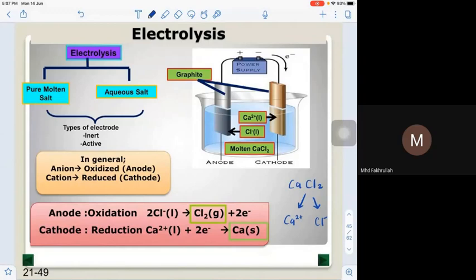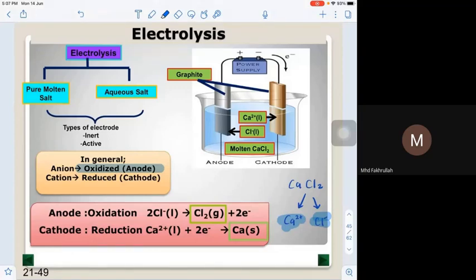So in general, we have to remember that the anion, which is the chloride in this case, will go to the anode to be oxidized. The negative ion will be oxidized at the anode. And the cation, the Ca2 plus, will be attracted to the negative terminal, which is the cathode, to be reduced.